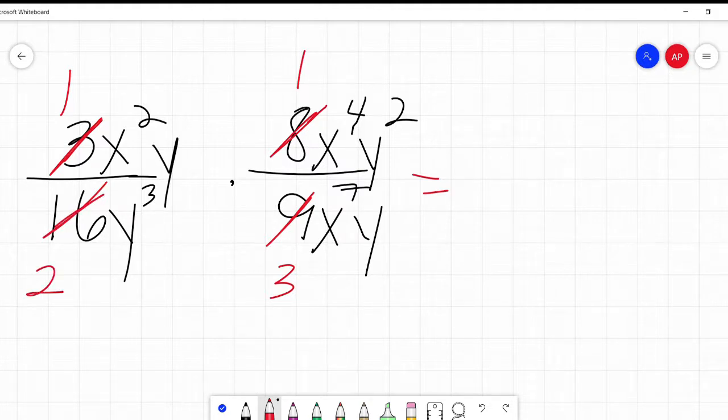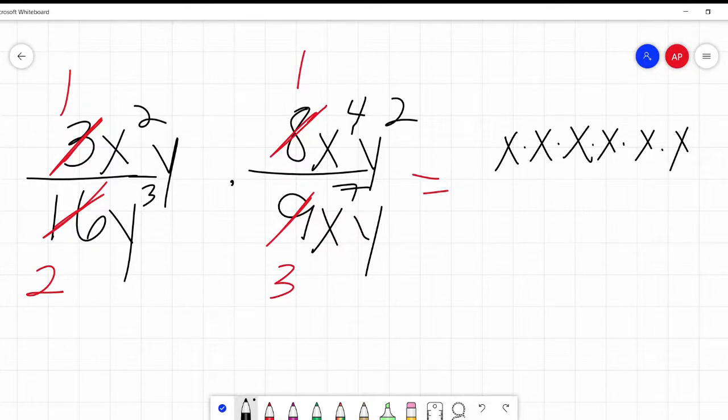Okay, now for the x's and the y's. How many x's do I have on top? I've got 2 there and 4 there. How many x's do I have on the bottom? I have 7. So I have 6 total on the top, 7 on the bottom. You can cancel out the lower number of x's. If there's 6 on top and 7 on the bottom, I can cancel 6 x's from both top and bottom. Because what we're saying on top is I've got 1, 2, 3, 4, 5, 6 x's being multiplied together.